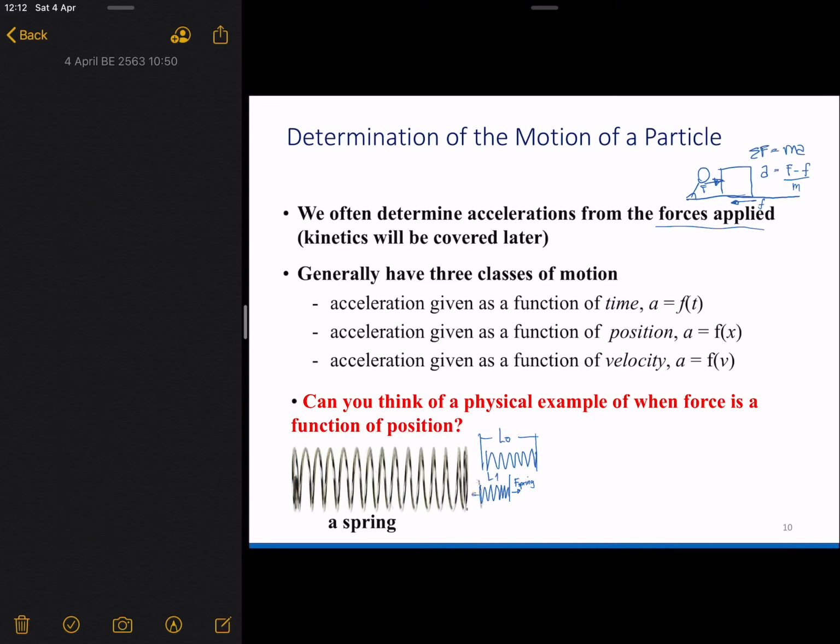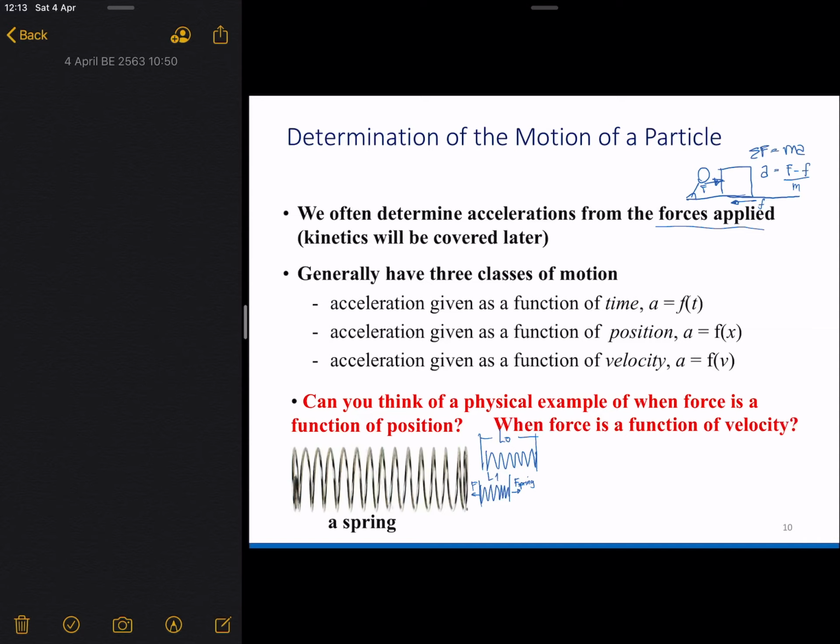If you compress it from both sides, then of course you will get the spring force equally from both sides, right? So this means the force, or the acceleration, depends on the position of the spring.